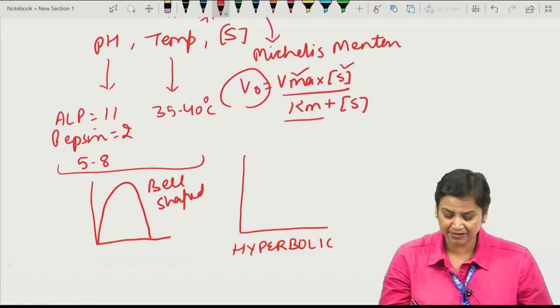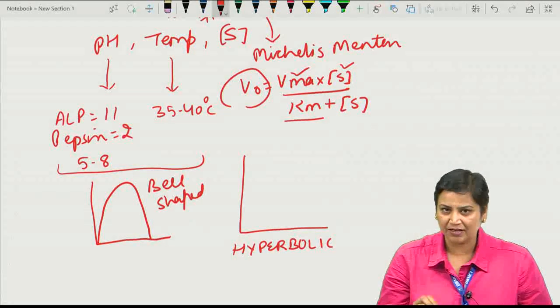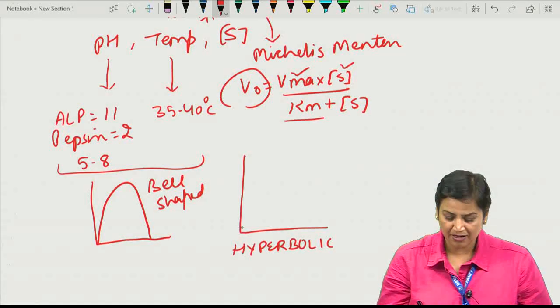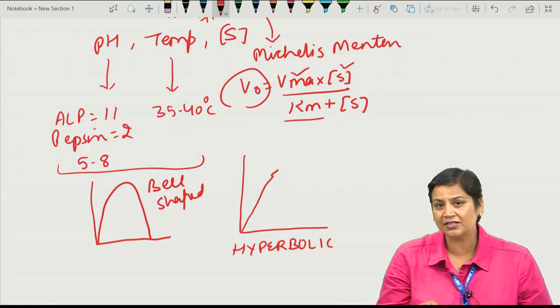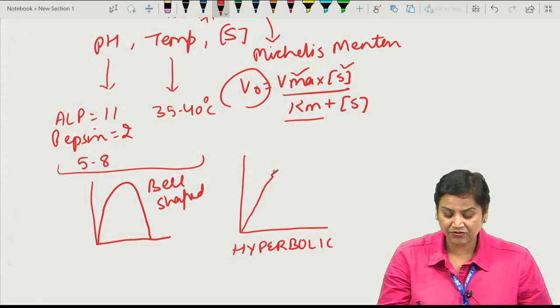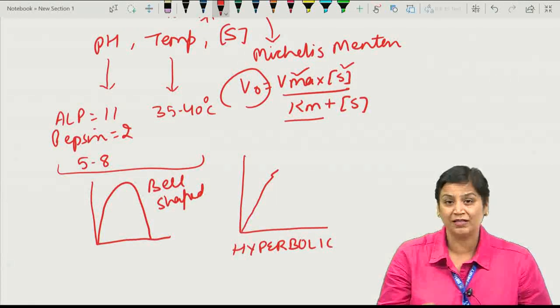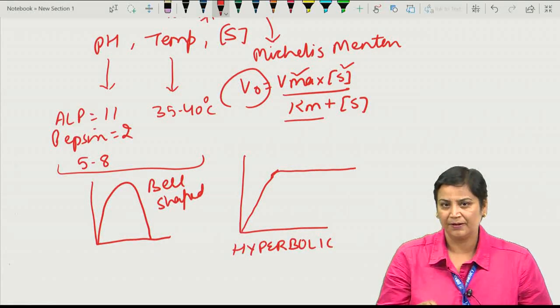Now see, enzymes take the substrate at the active site. So in the starting, when the reaction has just started, in the initial velocity, the more the substrate concentration, the more the velocity. But a stage will come when all the active sites of the enzyme will be occupied by the substrate.